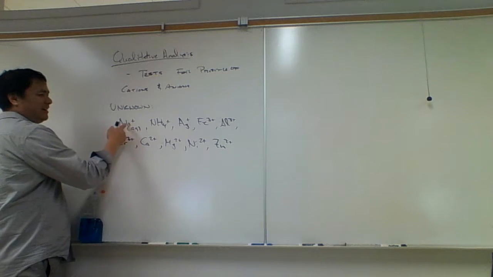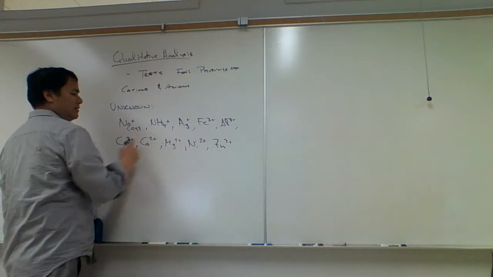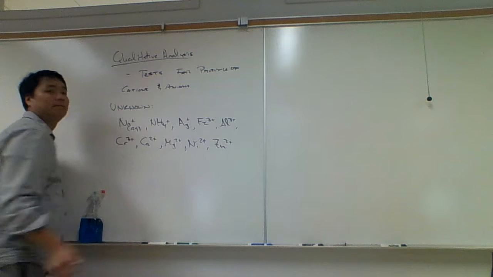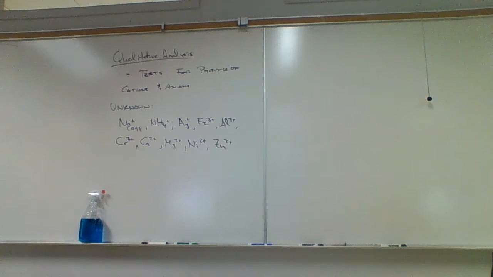All right, so how many are there? 1, 2, 3, 4, 5, 6, 7, 8, 9, 10. There are going to be 10 cations that we're going to try to detect the presence of.